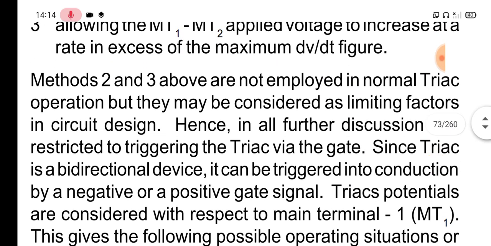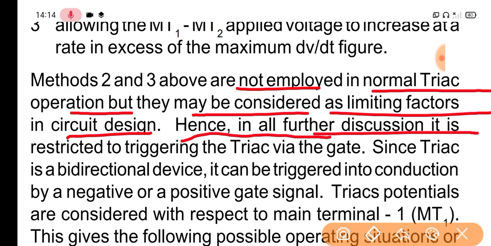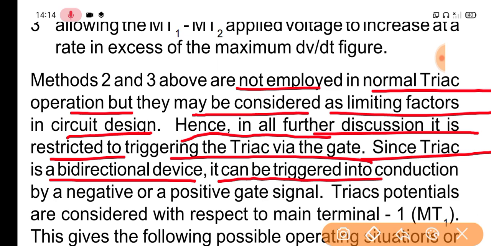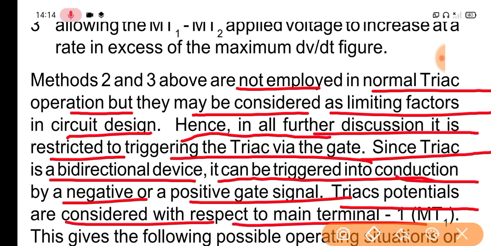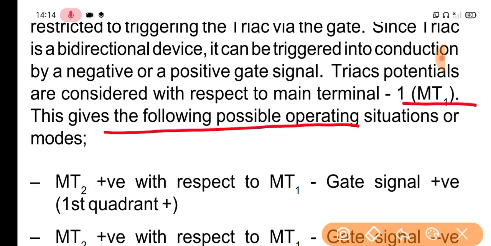Methods 2 and 3 above are not employed in normal triac operation, but they may be considered as limiting factors in circuit design. Hence, in all further discussion, it is restricted to triggering the triac by the gate. Since the triac is a bidirectional device, it can be triggered into conduction by a negative or positive gate signal. The triac's potentials are considered with respect to main terminal 1, MT1, which gives the following possible operating modes.